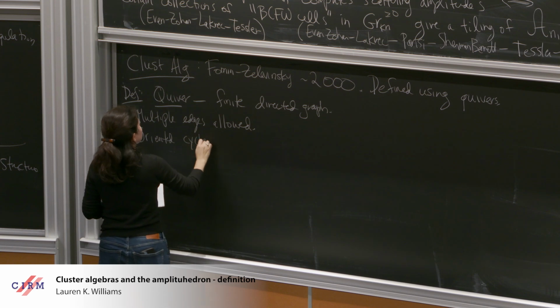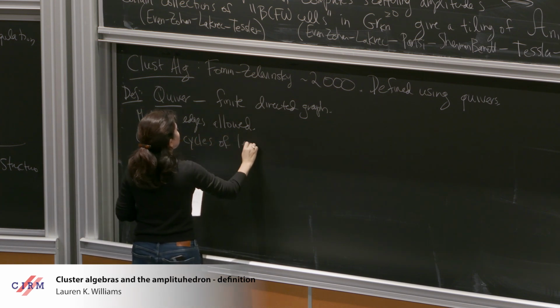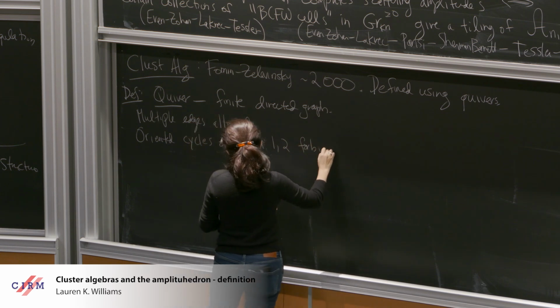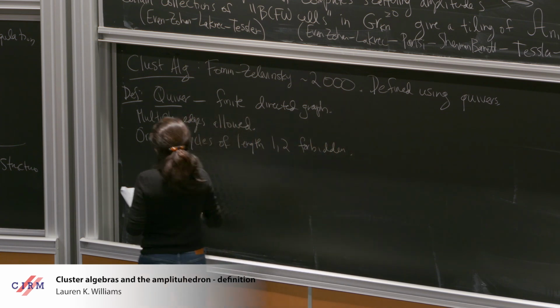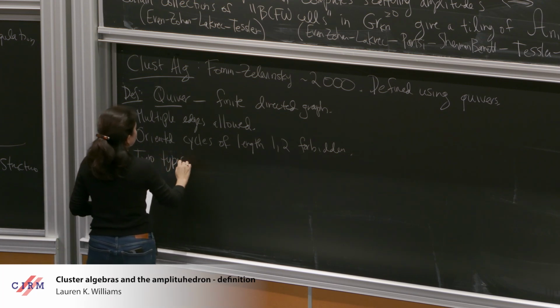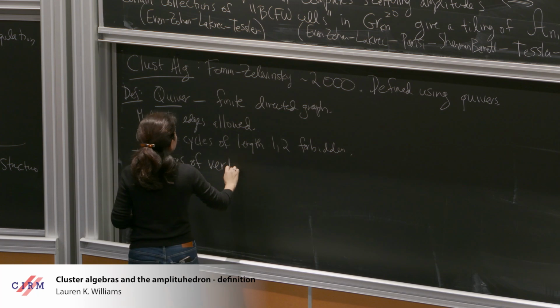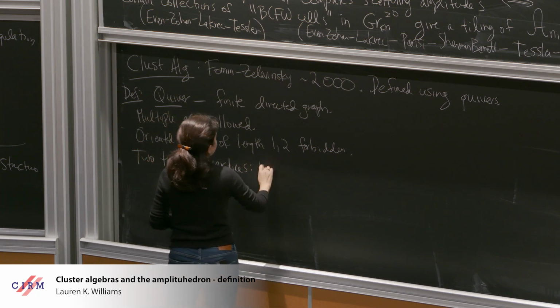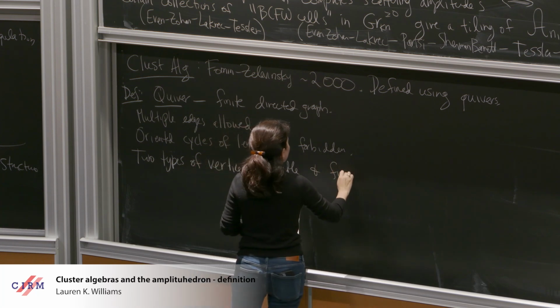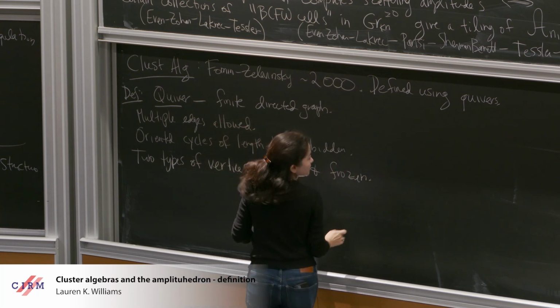Oriented cycles of length 1 and 2 are forbidden. And there are two types of vertices. There are the mutable vertices, and there are the frozen vertices.